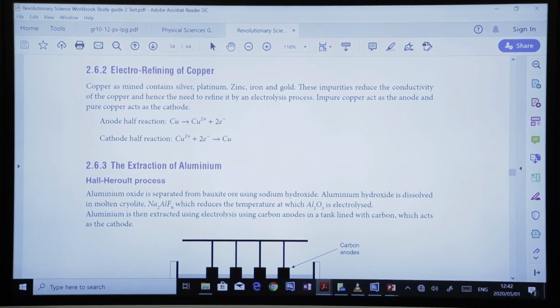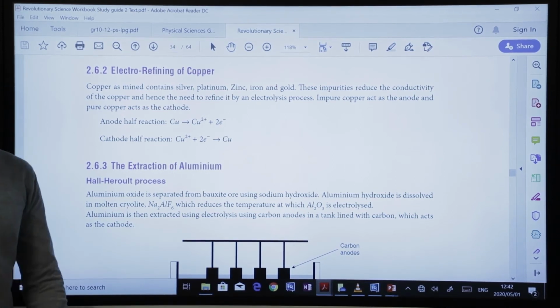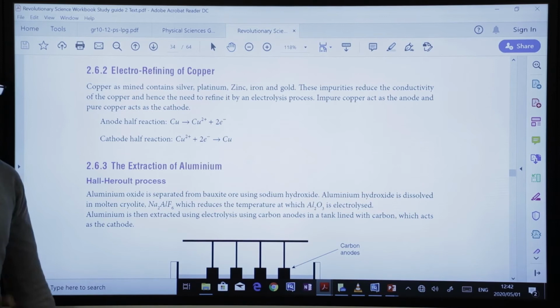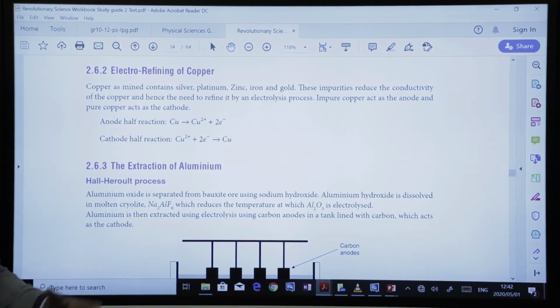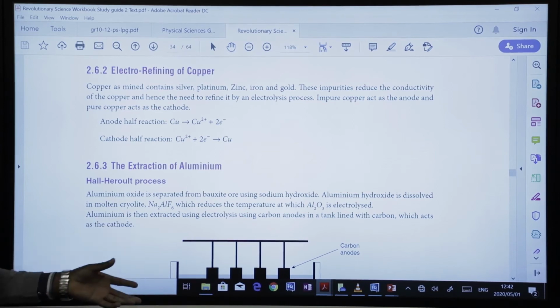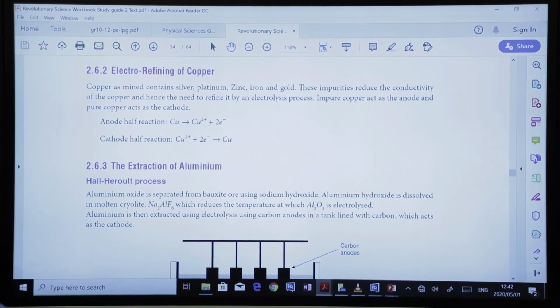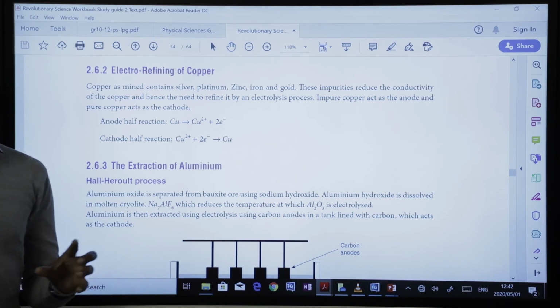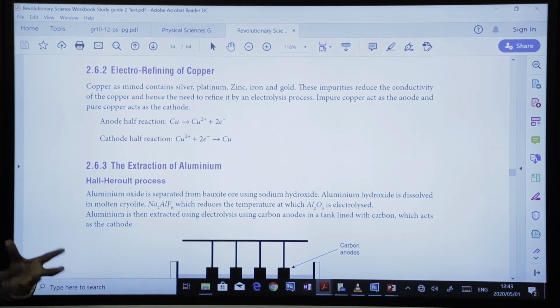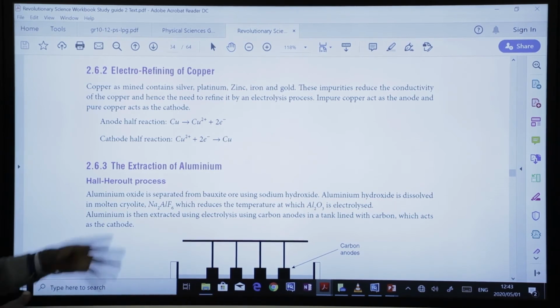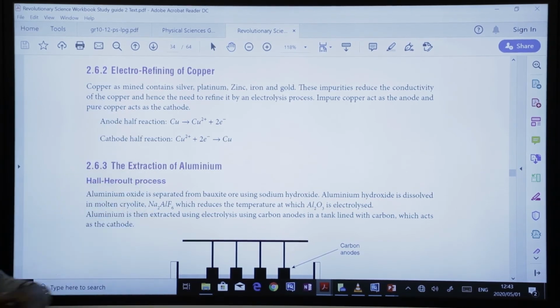So copper is mined, and the mineral ore contains a mixture of other metals, silver, platinum, zinc, iron, and gold in various proportions. And they are in such trace quantities that, since we want copper, these small proportions of these other metals appear as impurities.